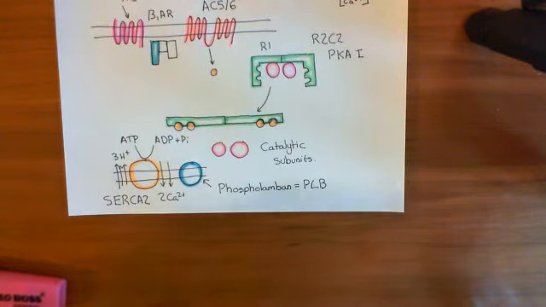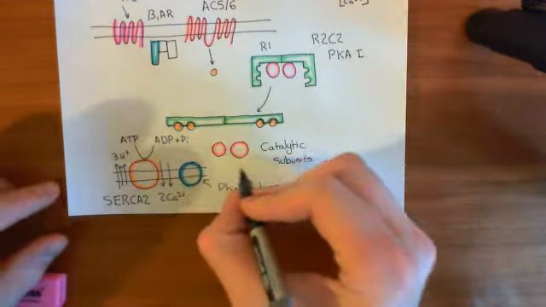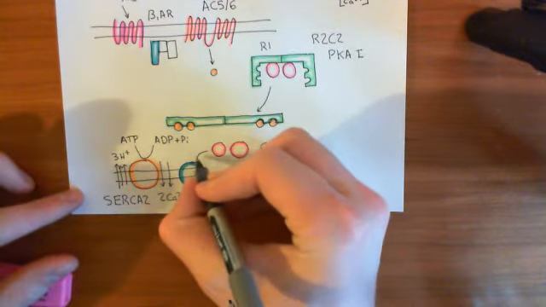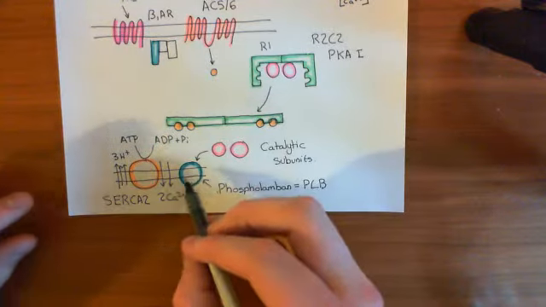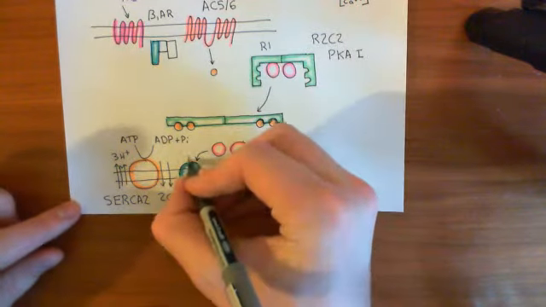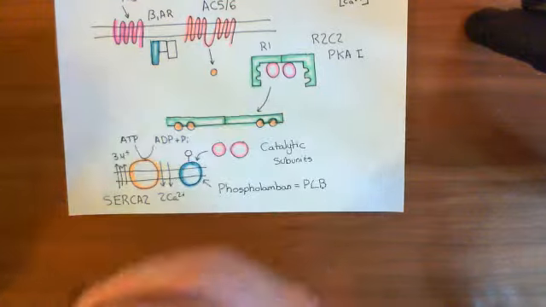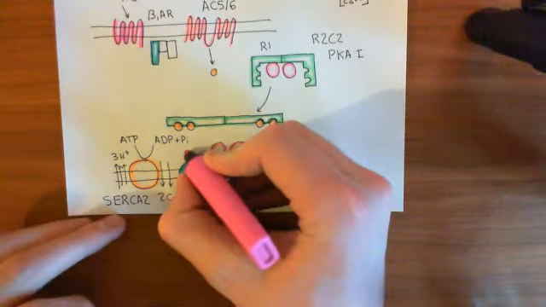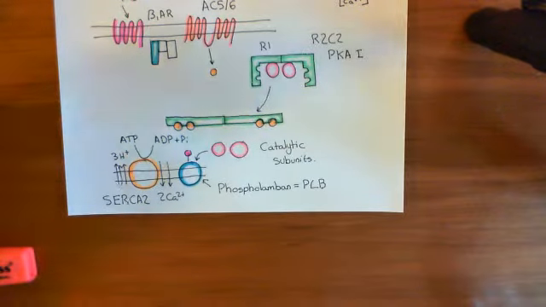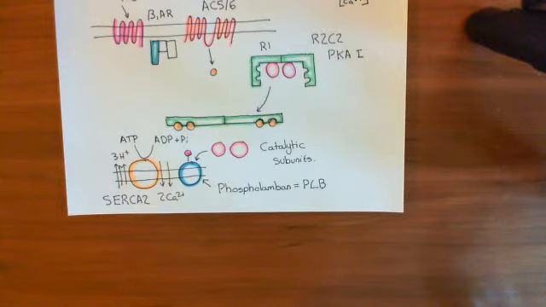Now you can guess what's going to happen. The catalytic subunits of the type 1 protein kinase A, they're going to come over to phospholamban and they're going to stick phosphate groups onto it. Okay, like so. So here's a phosphate group now bound to this phospholamban. And when the phospholamban has phosphate groups bound to it, it no longer functions.